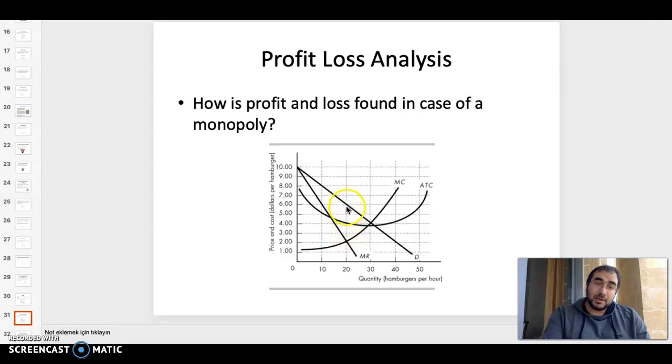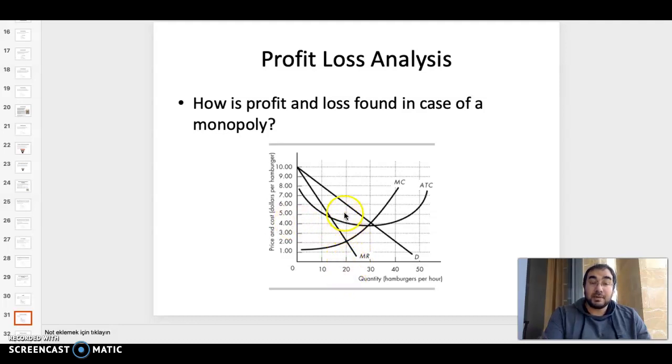We find the average revenue, for which we need to go all the way up to the demand curve here, which is $6, and then we need to go down to the average total cost curve. So average total cost at the profit maximizing point is $4.